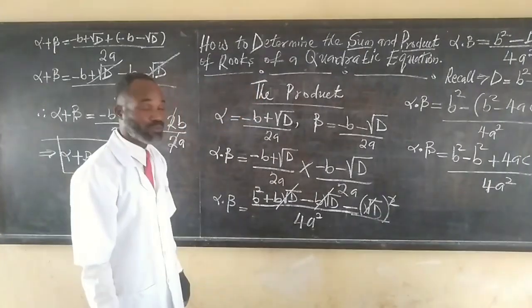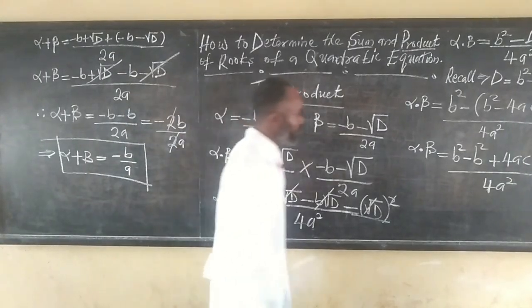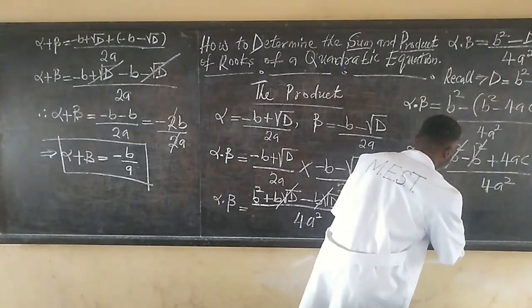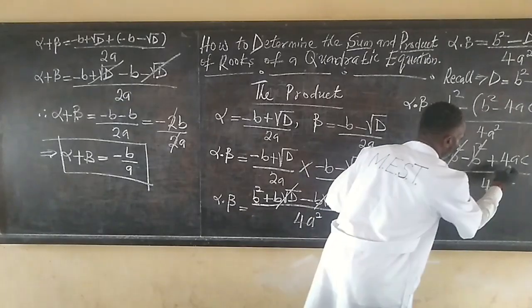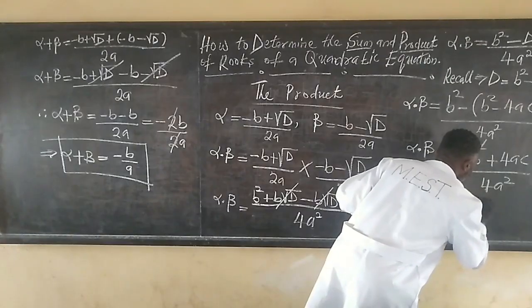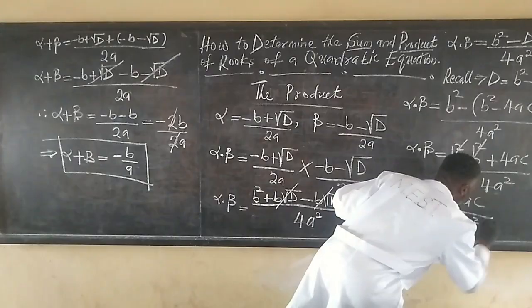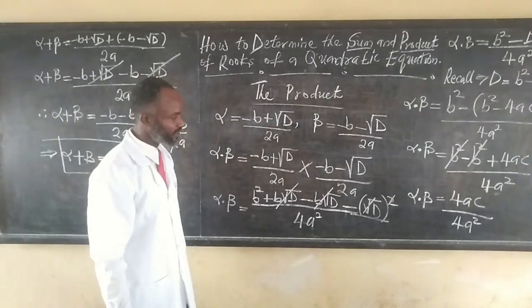All right, we are approaching something meaningful. Of course, this and this go, and we are left with alpha dot beta equal to just 4ac all over 4a squared. This is interesting and clear.